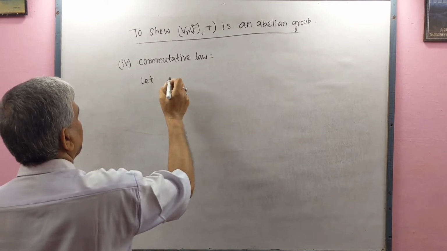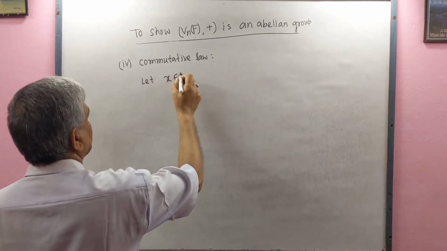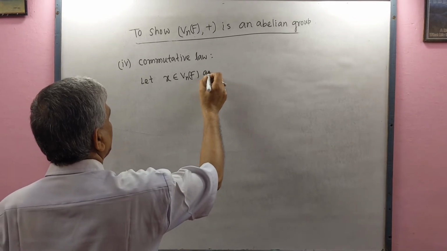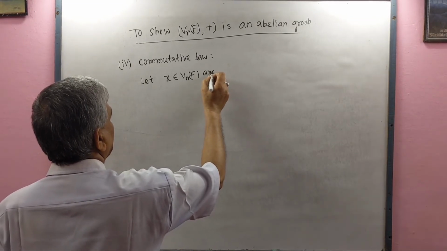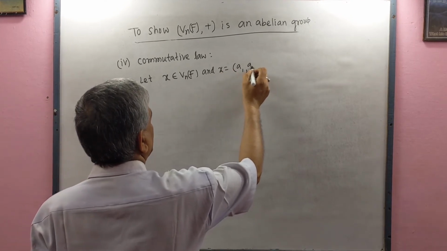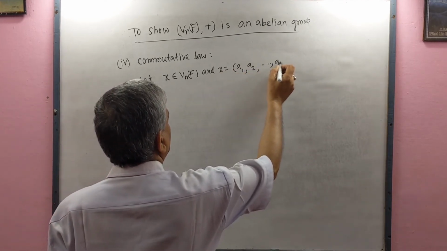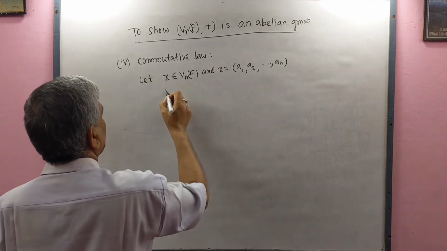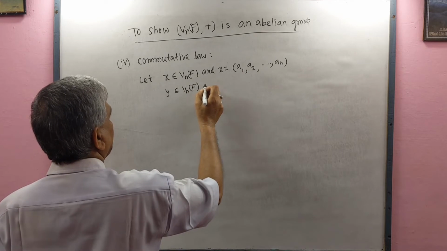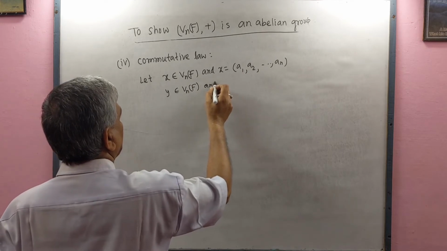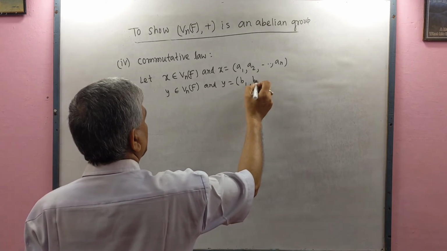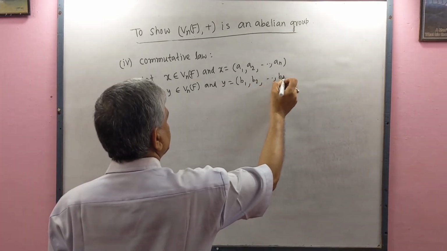Let x belongs to VnF and x equal to (a1, a2, ..., an), y belongs to VnF and y equal to (b1, b2, ..., bn).